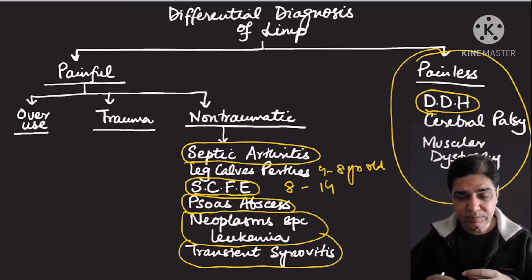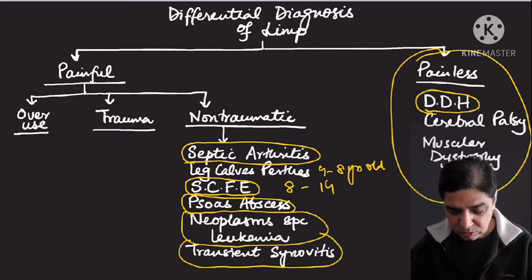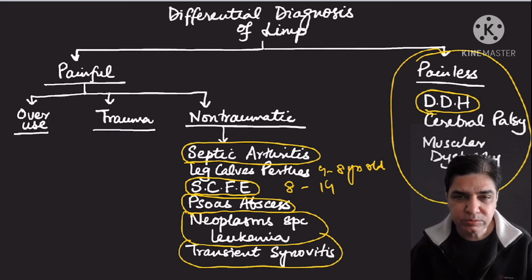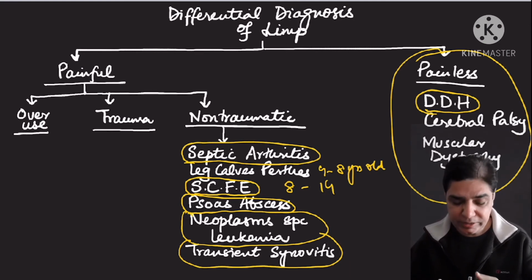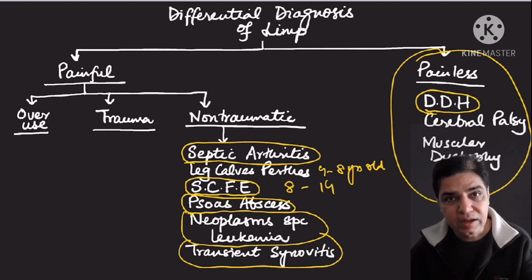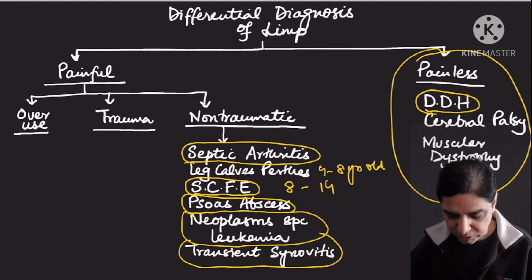So developmental dysplasia of the hip, if it goes unnoticed in the early stage, can lead to a painless limp in later infancy or early childhood.